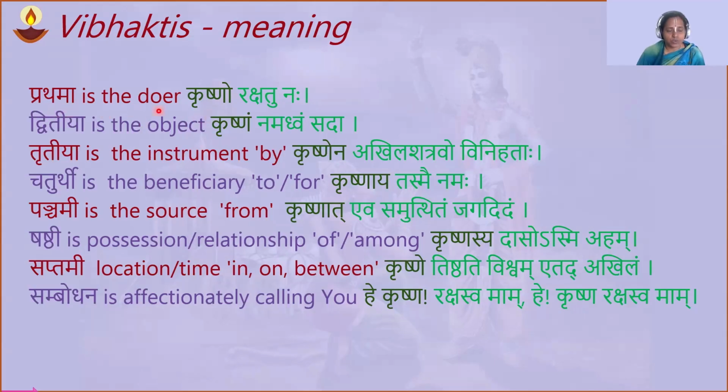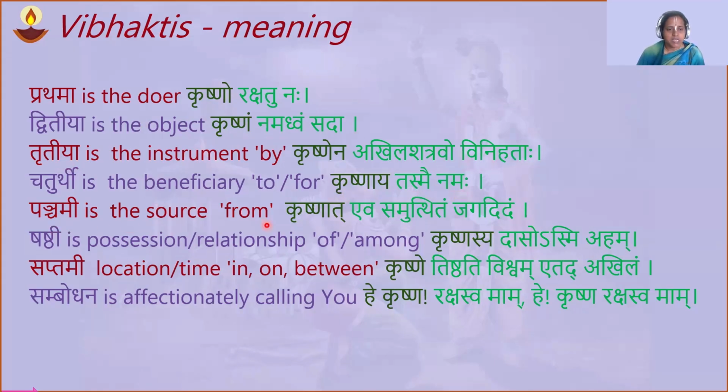So Prathama is the doer, Krishno Rakshatu nah. Dvitiya is the object, Krishnam Namadvam Sada. Tritiya is the instrument, by Krishnena Khila Tvavinihata. Chaturthi is the beneficiary, to offer, Krishnaya Tasmai Namaha.